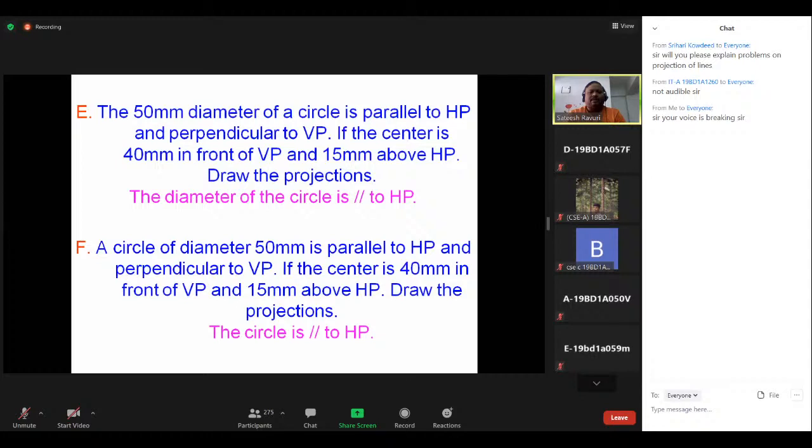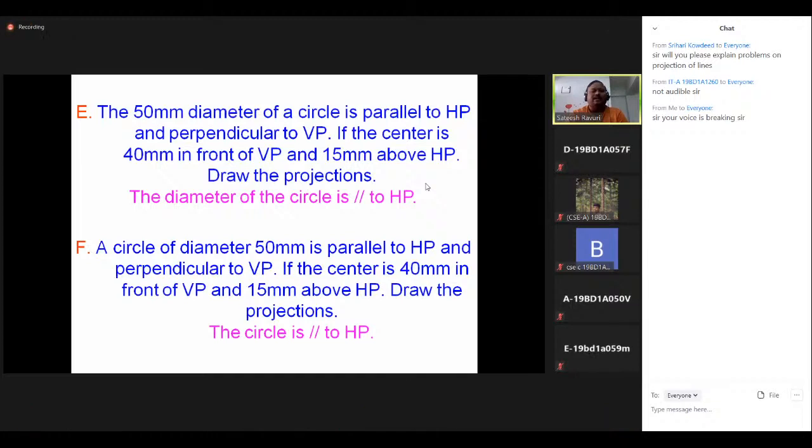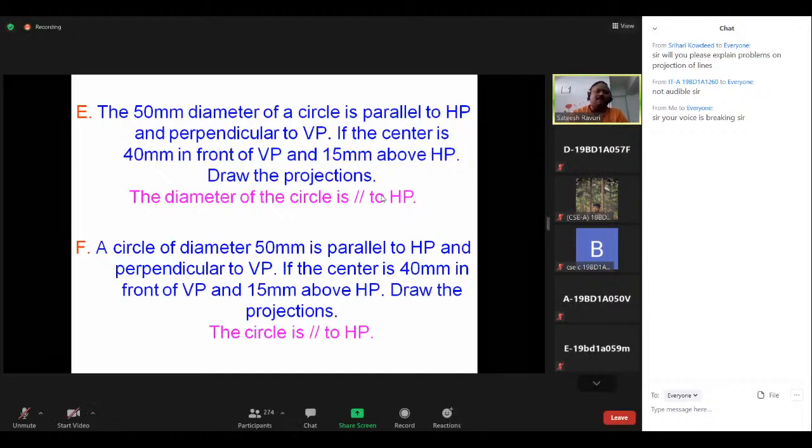When you read that the diameter of the circle is parallel to HP, you can assume that the entire surface of the circle is parallel to HP and perpendicular to VP. So in the earlier two problems, the surface of the rectangular plane was perpendicular to HP and parallel to VP.